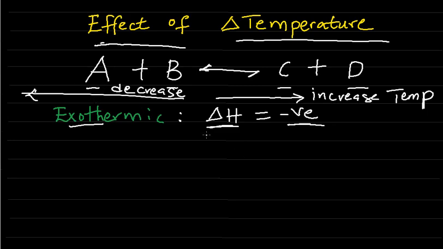Now what happens when the system in equilibrium experiences an increase in temperature? When the temperature of an exothermic reaction in equilibrium increases, you know very well that the equilibrium is going to shift in the direction that leads to a decrease, because equilibrium will always shift in the opposite direction to the effect of the external constraint.